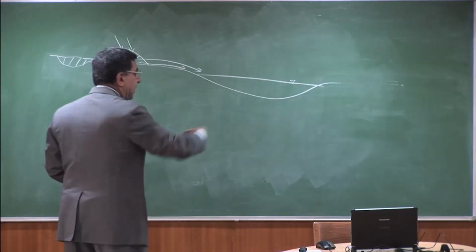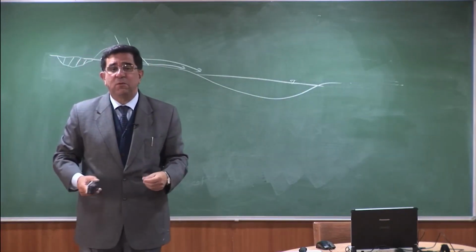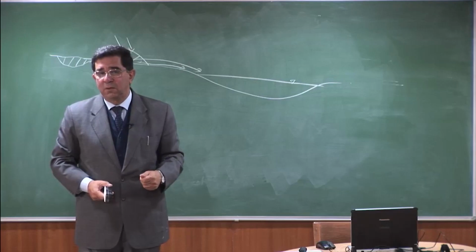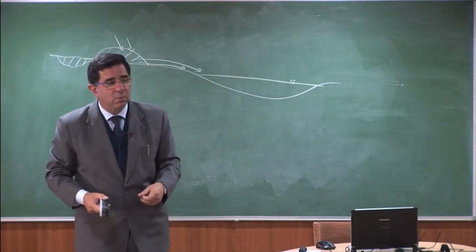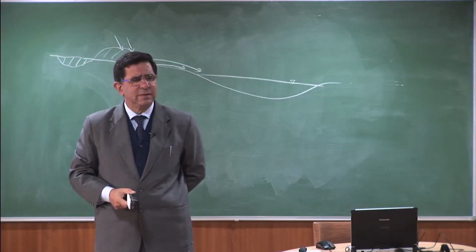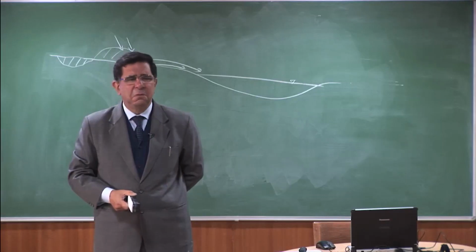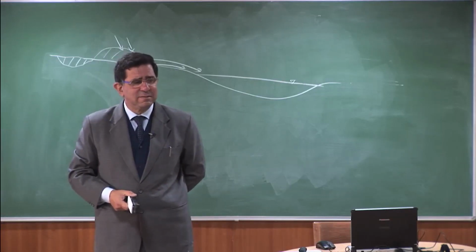So if you are very far away, at IIT, how far away are we from a water source? How far is IIT from a water body? Do we have a lake nearby? No. The nearest freshwater body is the river Yamuna.